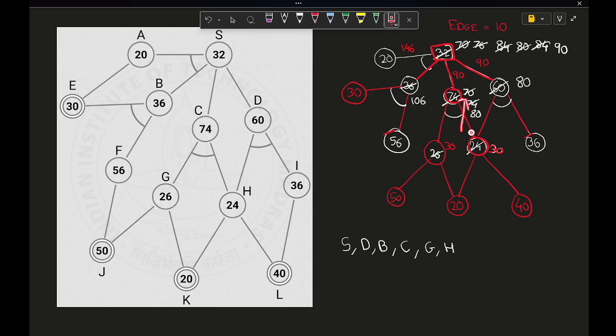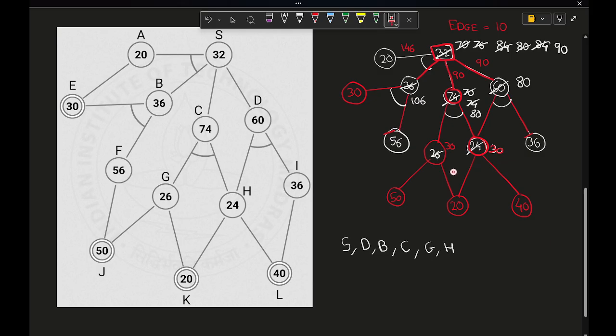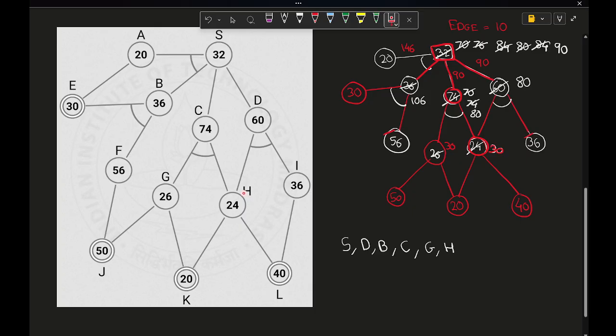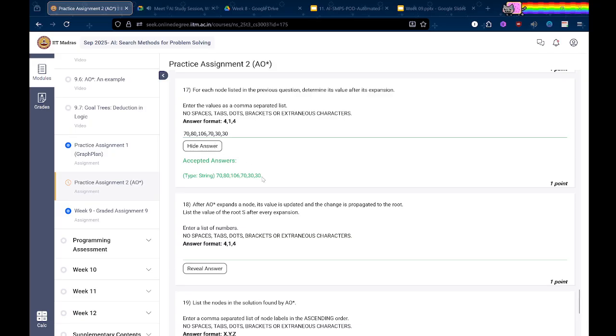I think so. Not sure. Then G would be this one, so 30 and 30. Yeah, absolutely correct.